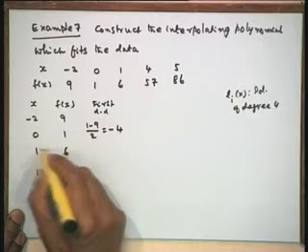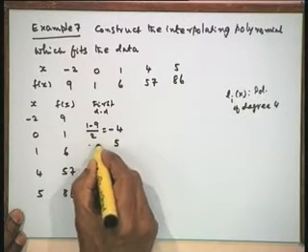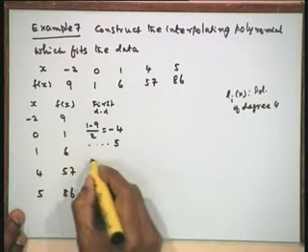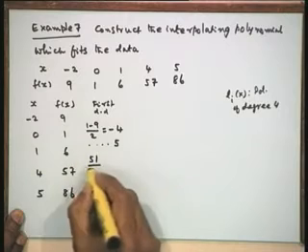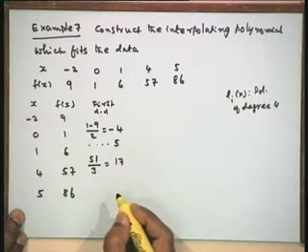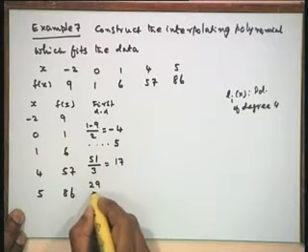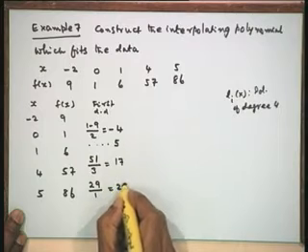Then 6 minus 1 by 1, that is simply equal to 5. So, let us put the value as 5. 57 minus 6, that is 51, divided by 4 minus 1, that is 3, that is equal to 17. 86 minus 57, that is 29, divided by 5 minus 4, that is 1, that is equal to 29.